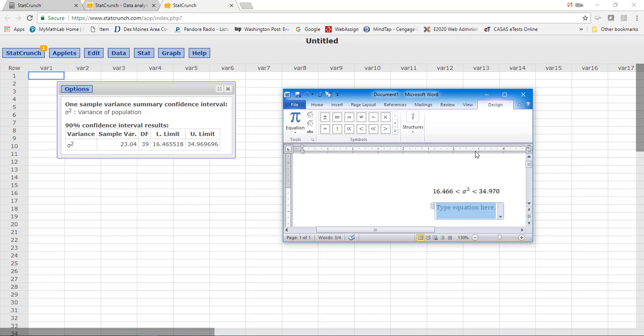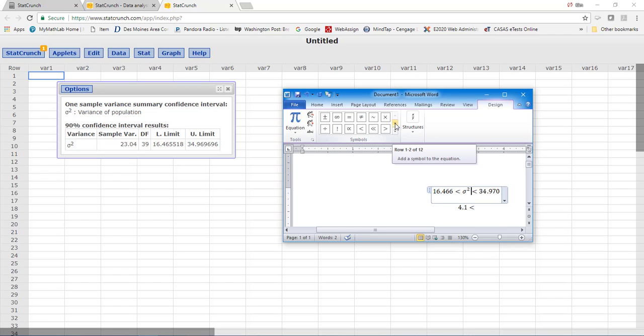We want to round it to 1 decimal place. So we're going to type it in here, and we're going to do 4.1, and then less than. And then I'm just going to do cut and paste here if I can. Oh, it's not going to let me.